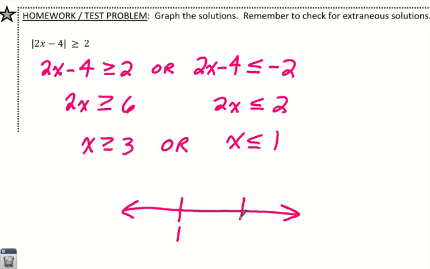It's 1, it's 3, so we could be less than or equal to 1, or greater than or equal to 3. And no surprise that the graphs are going away from each other.